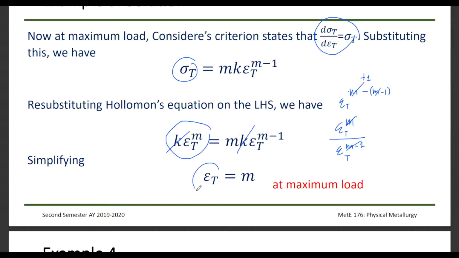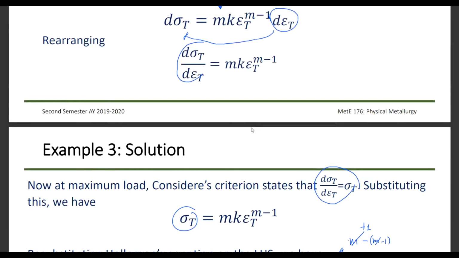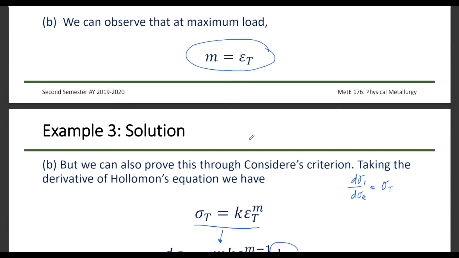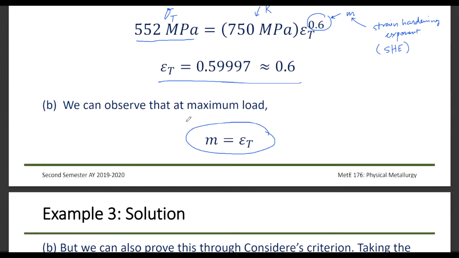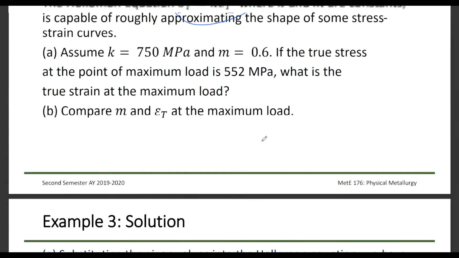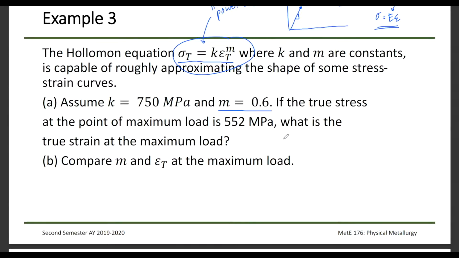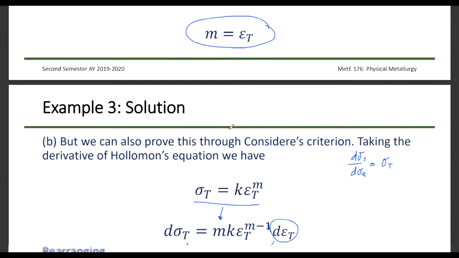Okay, so that's why on the left-hand side, it becomes epsilon T is equal to M. So, we can prove from the Considère criterion that at maximum load, the M value will be equal to the true strain. So kung ano yung strain hardening coefficient niya, equal lang din doon sa epsilon, yung true strain at that maximum load. Okay?